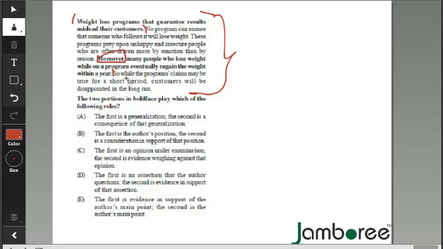Now let's read. While the program's claims may be true for a short period, customers will be disappointed in the long run. So throughout the entire paragraph, the main point of the author was that weight loss programs that guarantee results mislead customers, and he ended with this. There was no conflicting or contrasting point in the paragraph. Anuj, are you clear?